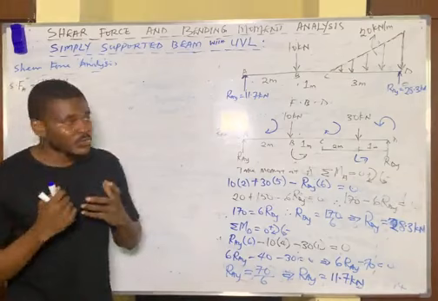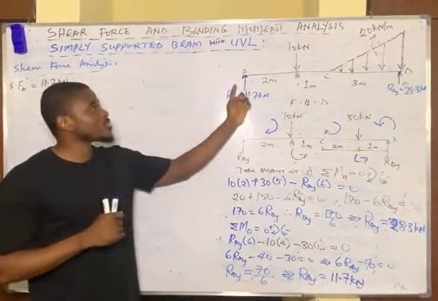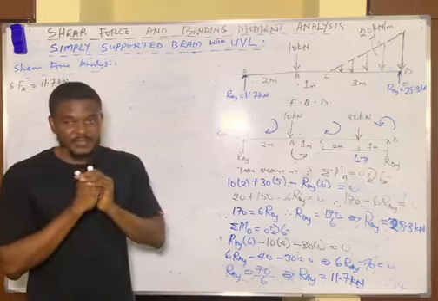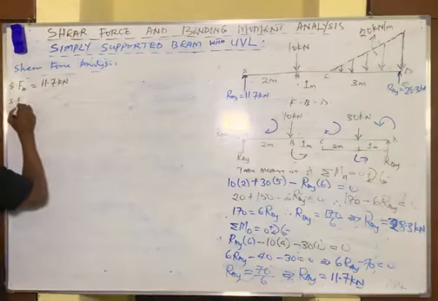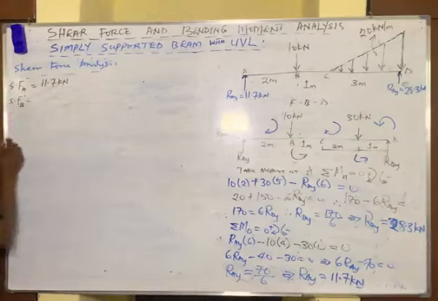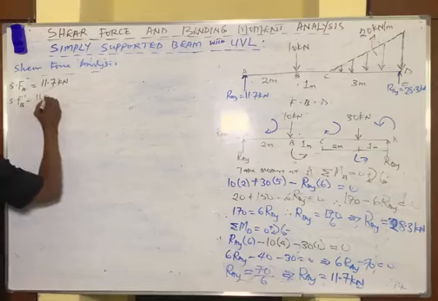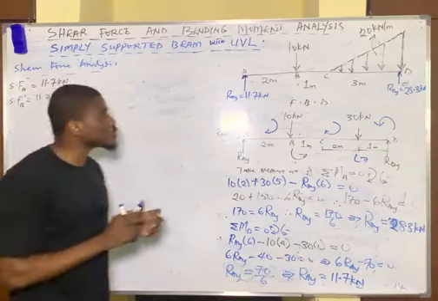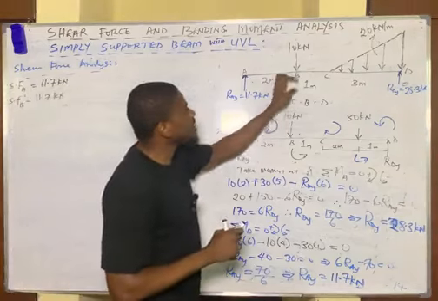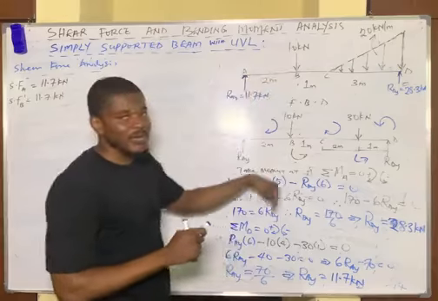Now, this is the next thing you do. This same force moves from point A to point B initially. So you simply say shear force B prime, which means initially this same force 11.7 moves from point A to point B. But on getting to point B, you observe that there is a 10 kilonewtons force acting downwards there.